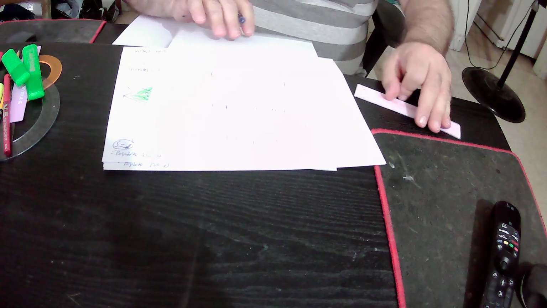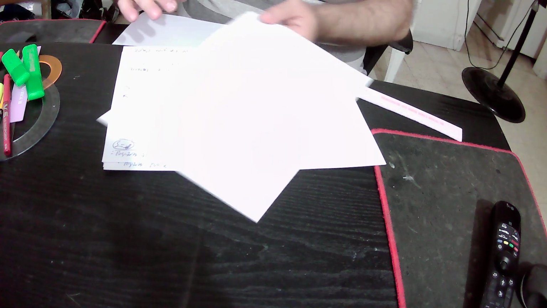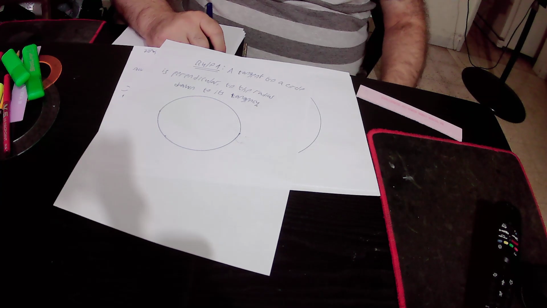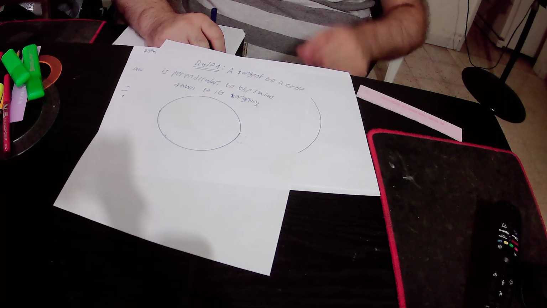Again, rule number 1 states that a tangent to a circle is perpendicular to the radius drawn to its tangency.